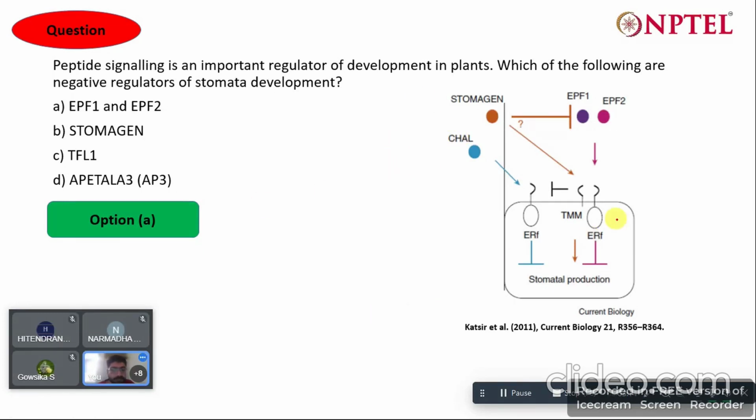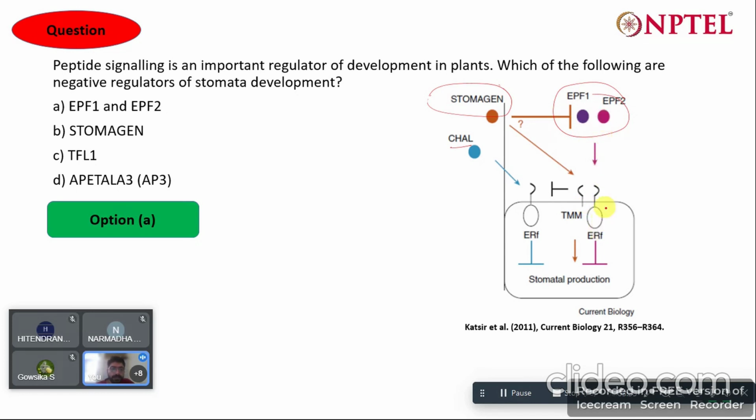And as you can see in this figure, stomagen is the positive regulator of stomata development, and EPF1 and EPF2 are negative regulators. How do they work?